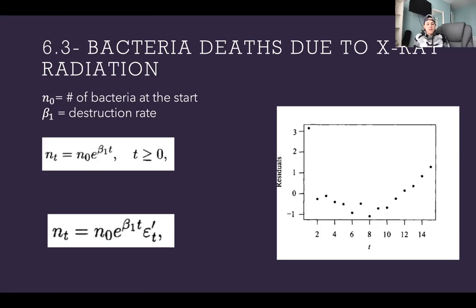So the plot of the ln of n sub t against t appears linear, which indicates that the logarithmic transformation is appropriate for this data. They showed that they transformed the data with a logarithmic transformation, and this indeed did achieve linearity.